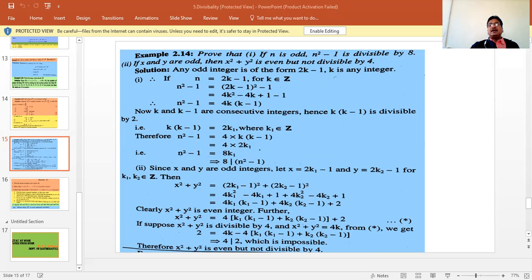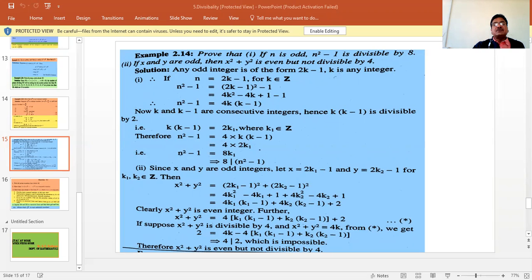And that's why this k into k minus 1 is divisible by 2, meaning it is expressed in the form 2 into some integer. We write k into k minus 1 as 2k1 for some k1 belongs to Z, because k into k minus 1 is divisible by 2, meaning 2 divides this number, meaning this number is expressed in the form 2 into some integer, 2 into k1.